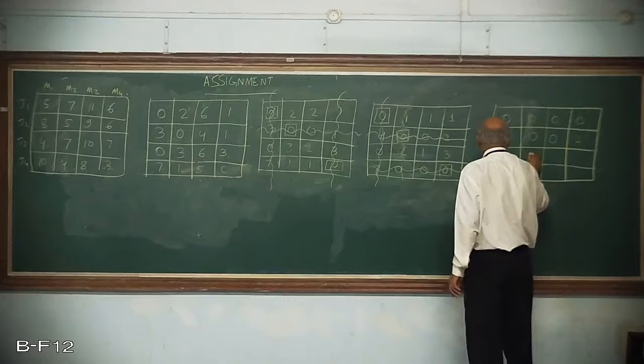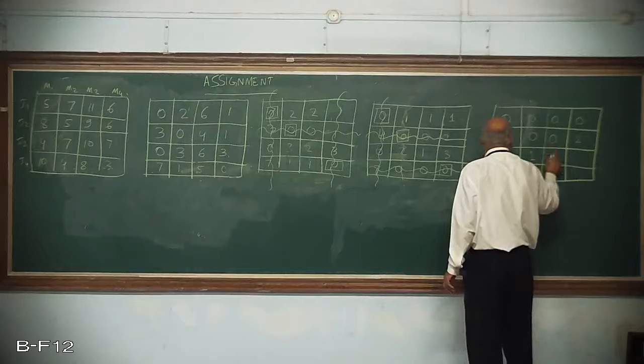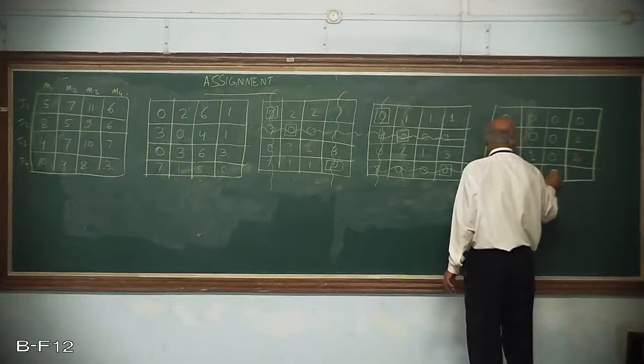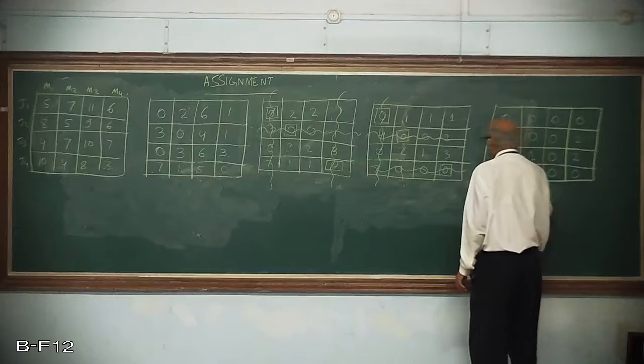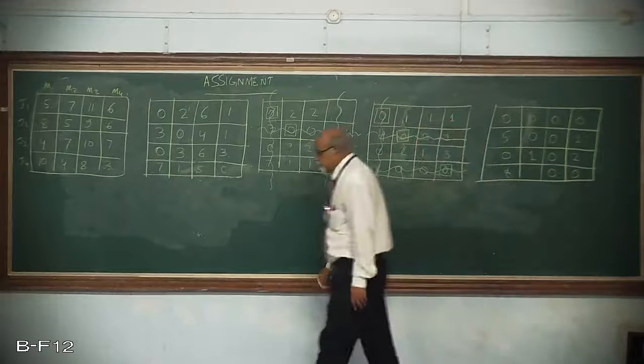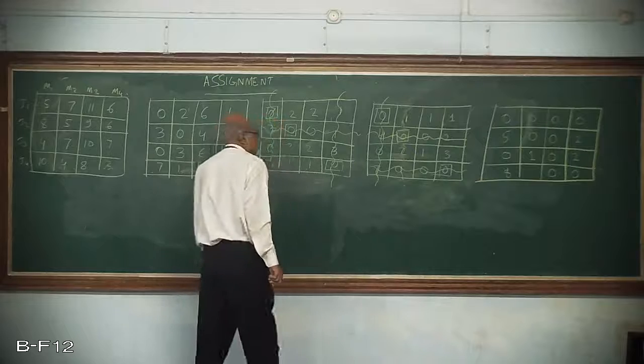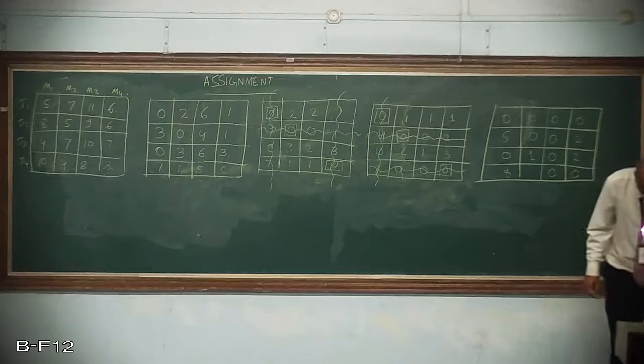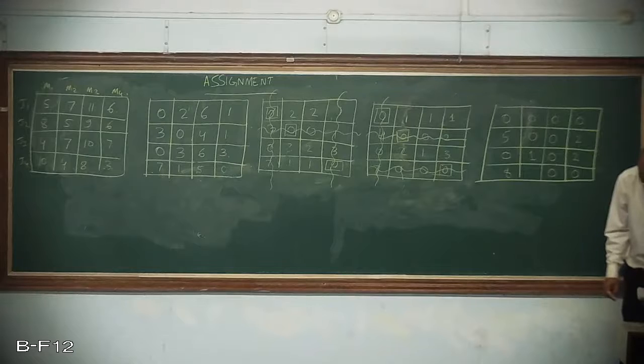That means it will become 1, this is 1, this will become 0, this will be 2, this is 0 and this is 0. This is what has happened. Now I have created more number of zeros over here.